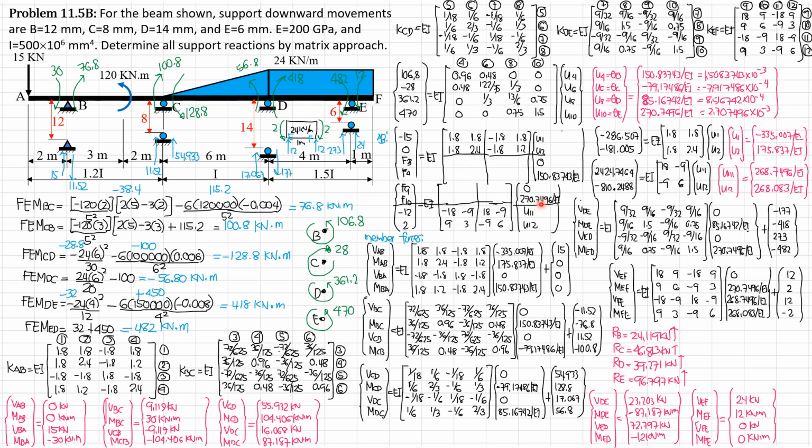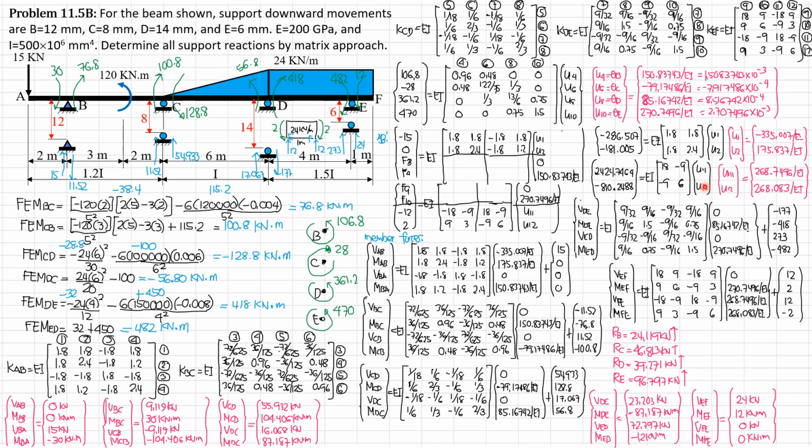Then 2 equals 9 times 0, which is still 0, plus 3 times 270.7496. So 2 transpose 3 times 270.7496 becomes 2 minus 3 times 270.7496, and that's negative 810.2488. Then equals EI times this matrix times U11, U12.